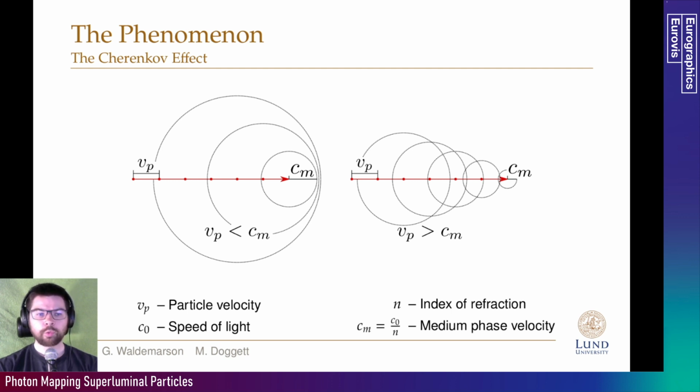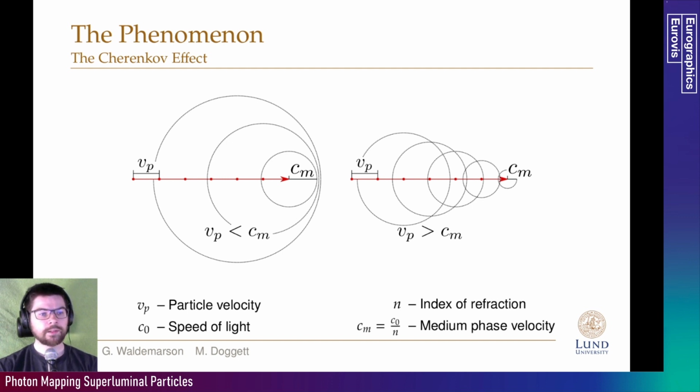However, the only physical limit to the velocity of a particle is the speed of light in a vacuum. Hence, inside of media where light itself is slower than that, it is possible for the particle to travel faster than light. And when this happens, the spheres we mentioned will begin to cross and will start to constructively interfere and consequently generate coherent photons at an angle proportional to the particle velocity.